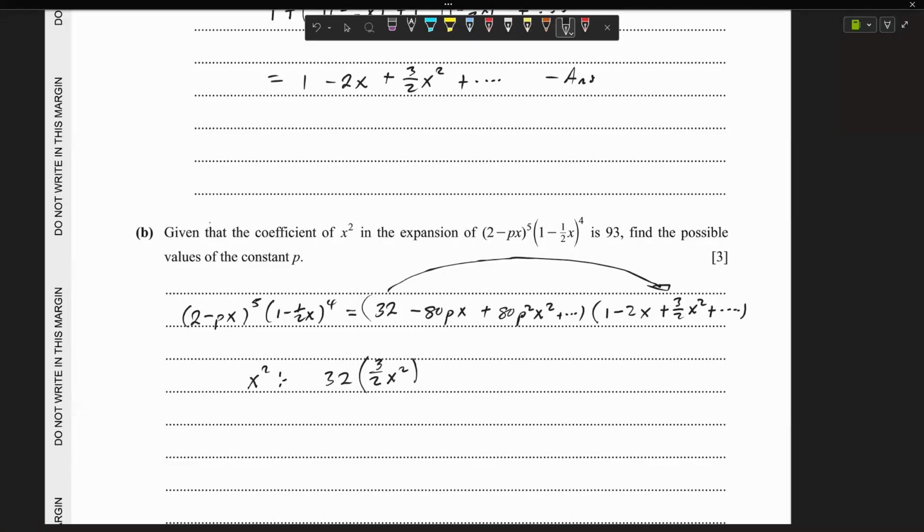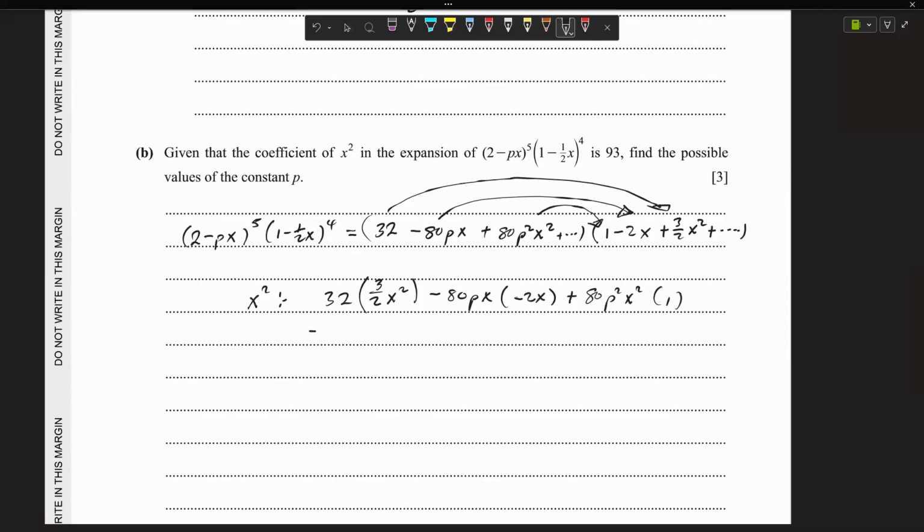And when minus 80px multiplies minus 2x. And when this guy multiplies 1, because at some point those products will come up, right? So plus 80p squared x squared multiplies 1. So that's how we're going to get a term in x squared.